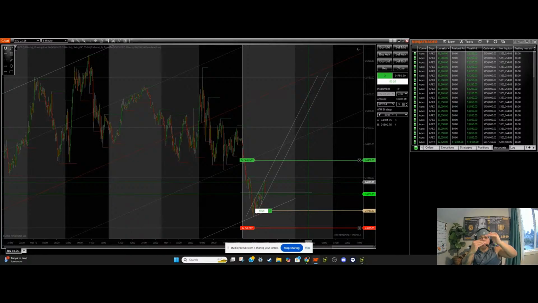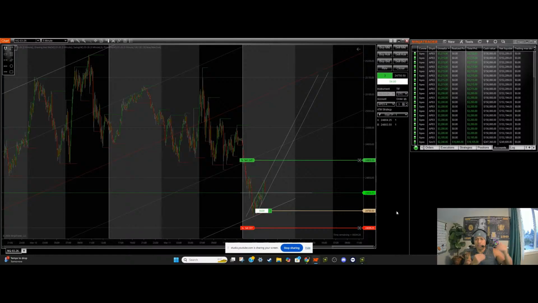So the moment we do a pullback like this, a pretty major pullback, how much have we pulled back? Our peak profit was at 5,400, so we pulled back $2,500 worth of profits.